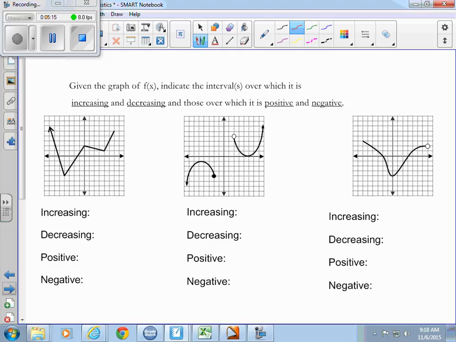Yes. I would say 3 parts of it are increasing. Nope, 2 parts of it are increasing. 2 parts of it. Always x. Anytime we want to know where something's happening at.